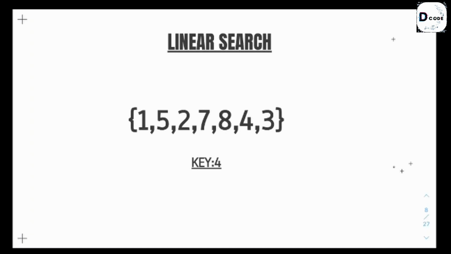Let's take another example. Let's say we have 1, 5, 2, 7, 8, 4, 3 and the key given is 4. So what will be the expected value? First, let's write the index value for each element. For 1, we will have 0, 1, 2, 3, 4, 5 and 6.